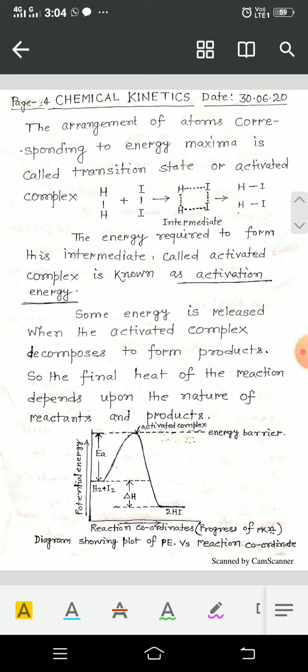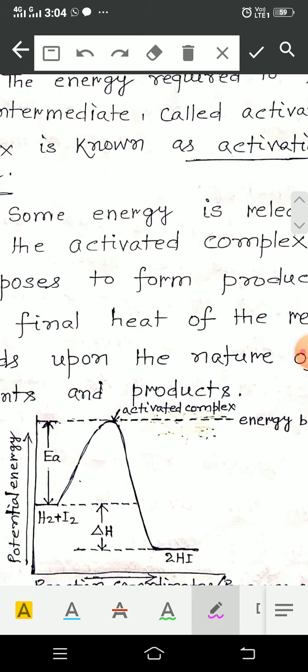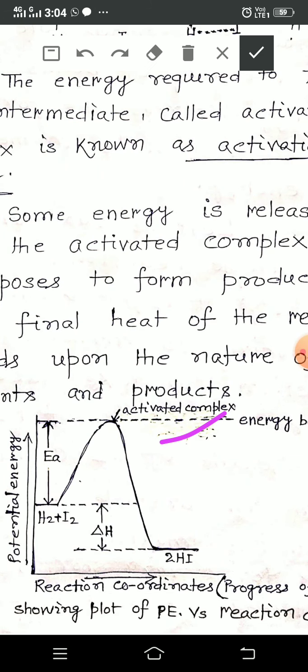So this graph shows the activated complex. This peak shows the activated complex area. This is the energy barrier.